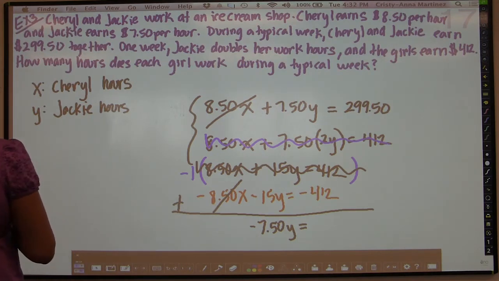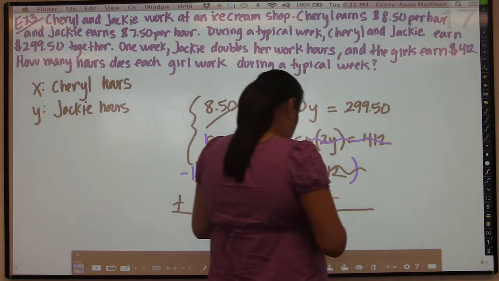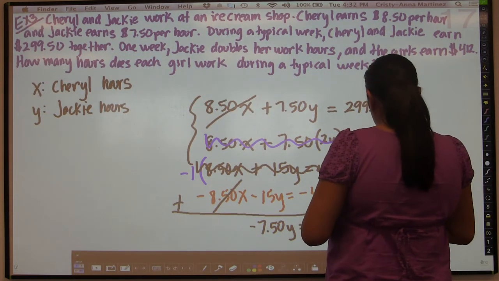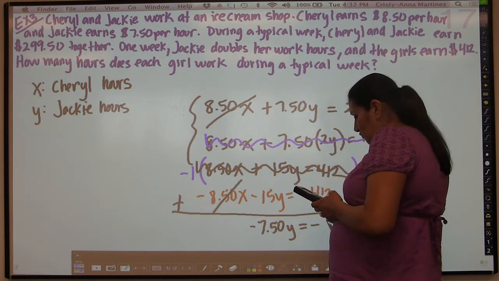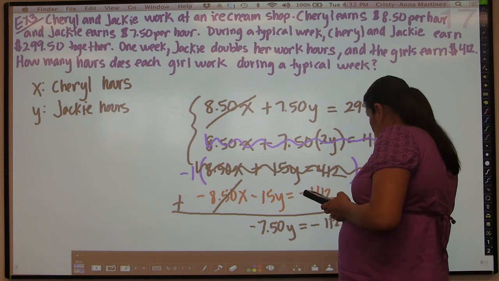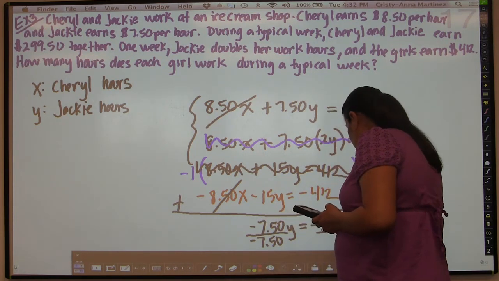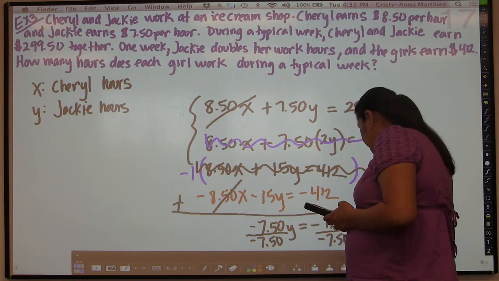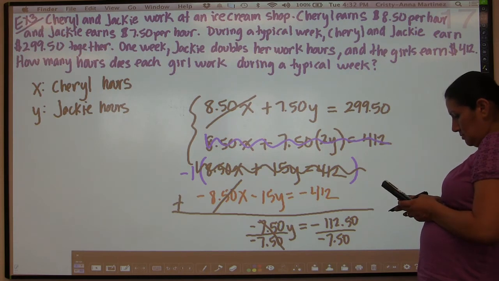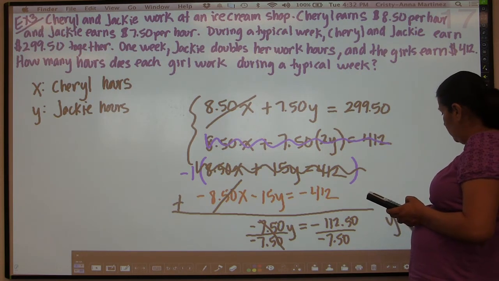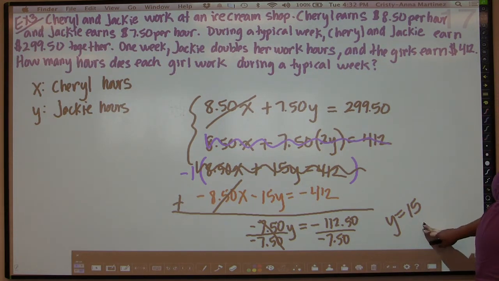So $299.50 minus 412, and you get negative 112.50. Then we divide by negative 7.50 on both sides. And then y is 15. Okay? So y equals positive 15.